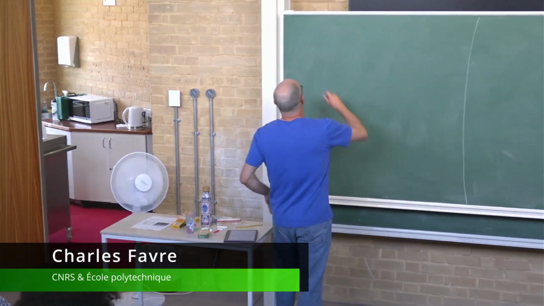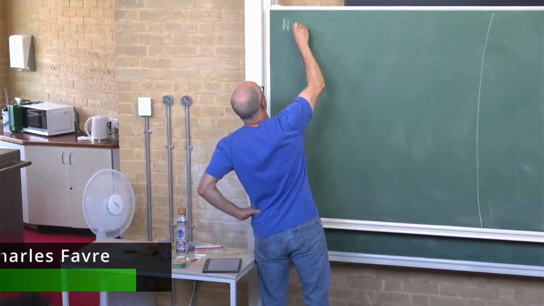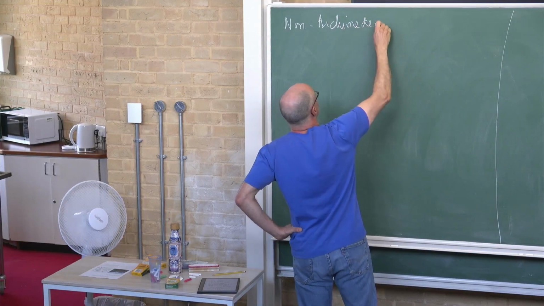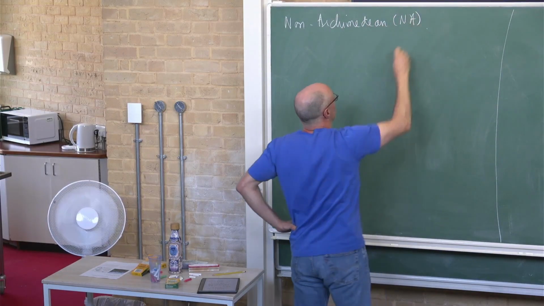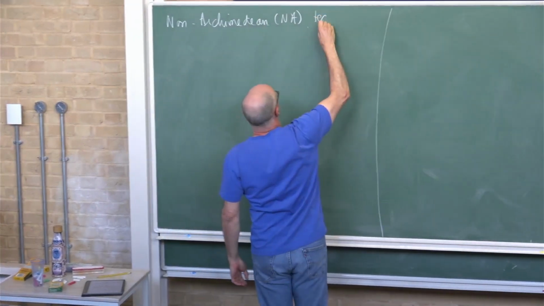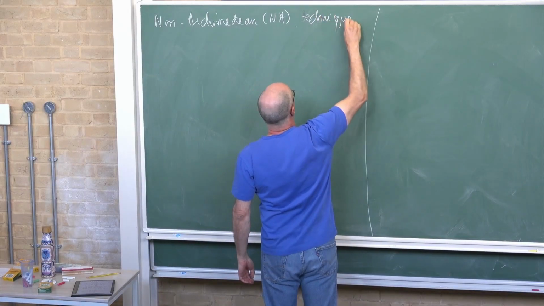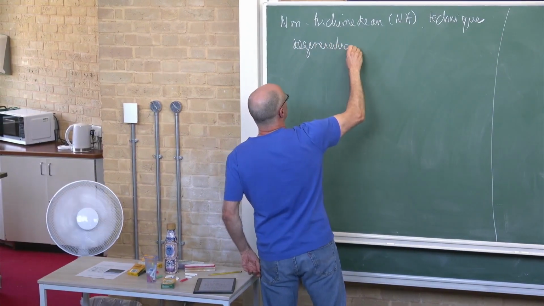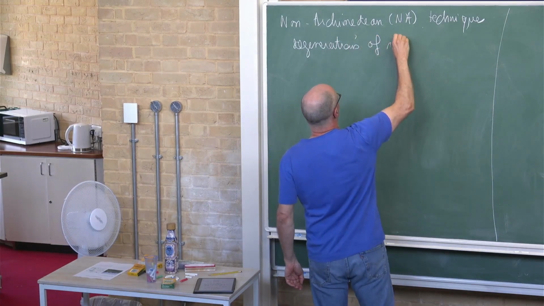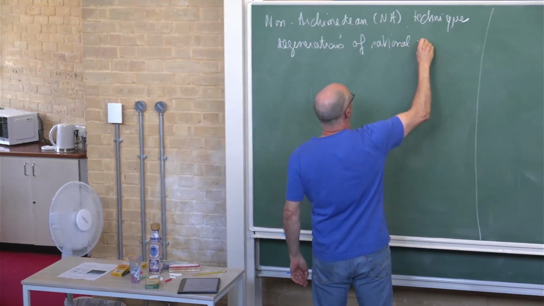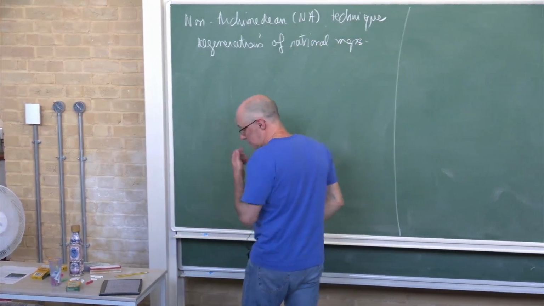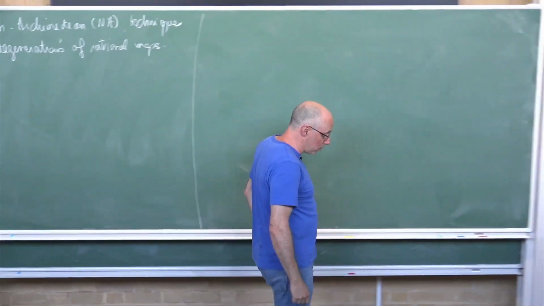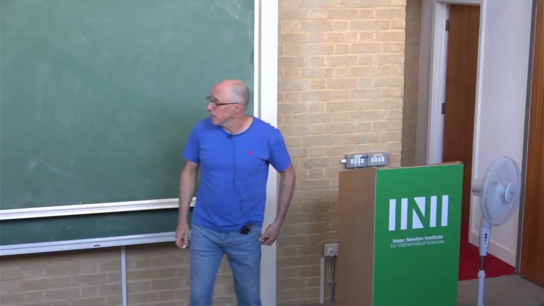So the idea in these three talks is to talk about non-Archimedean techniques, NA techniques for short, to study degenerations of rational maps, and to explain a couple of applications of these techniques.